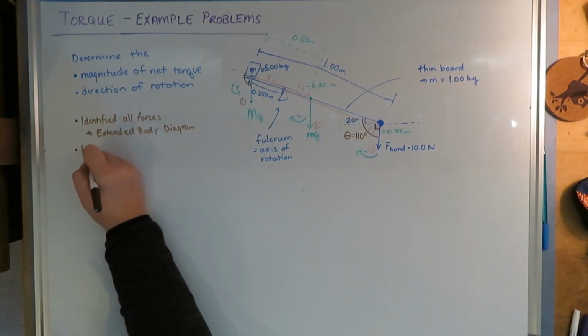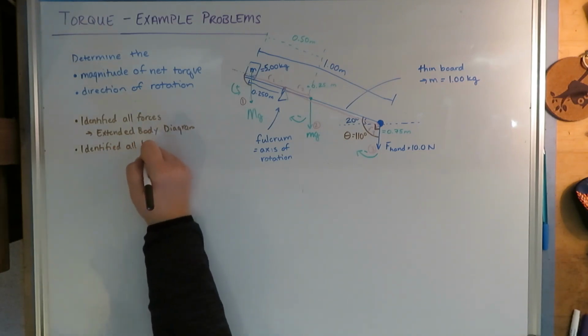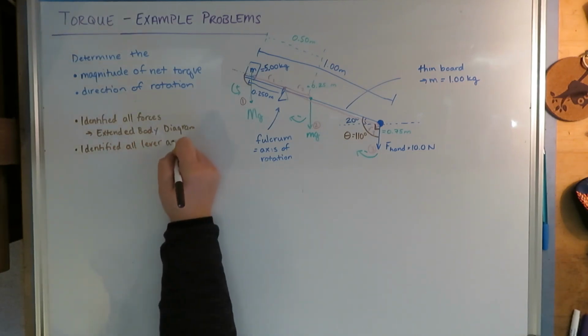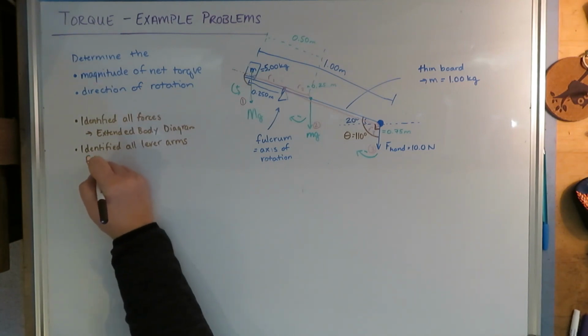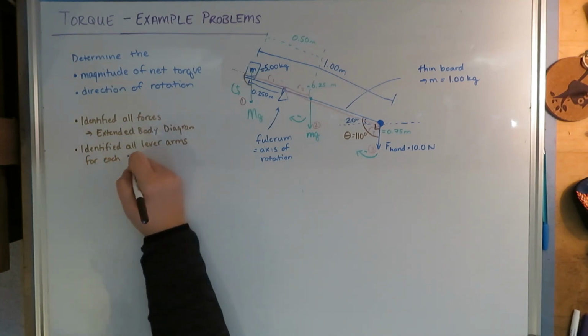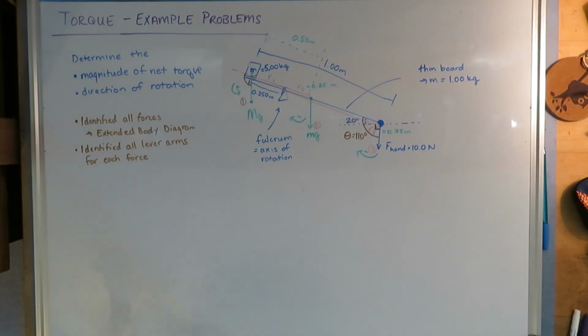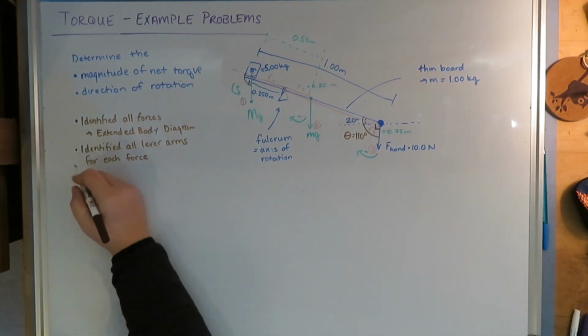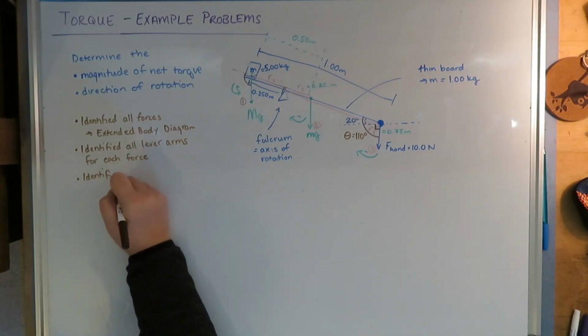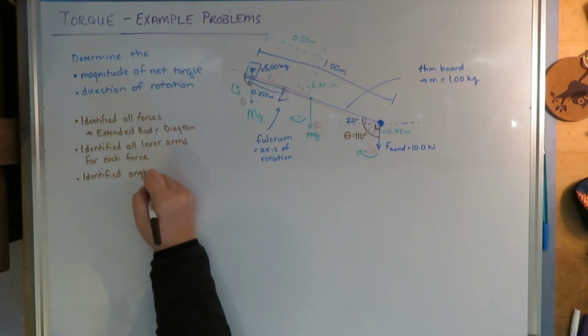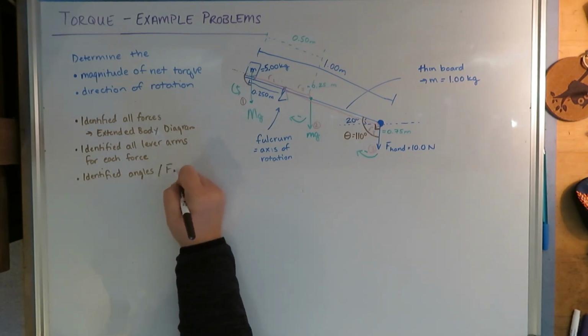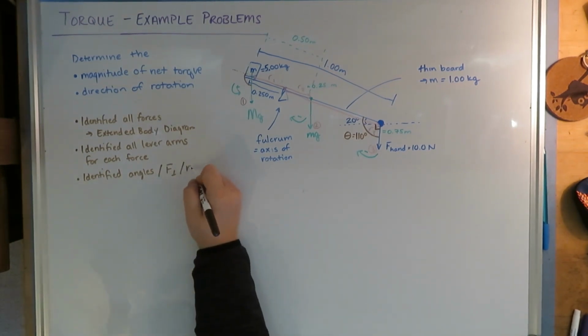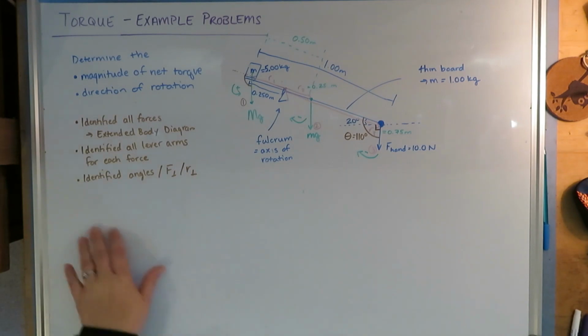I've identified all the lever arms for each force. We have identified the angles, or you can find F perpendicular or R perpendicular, depending on what you want to do, so that we can use the torque formula.